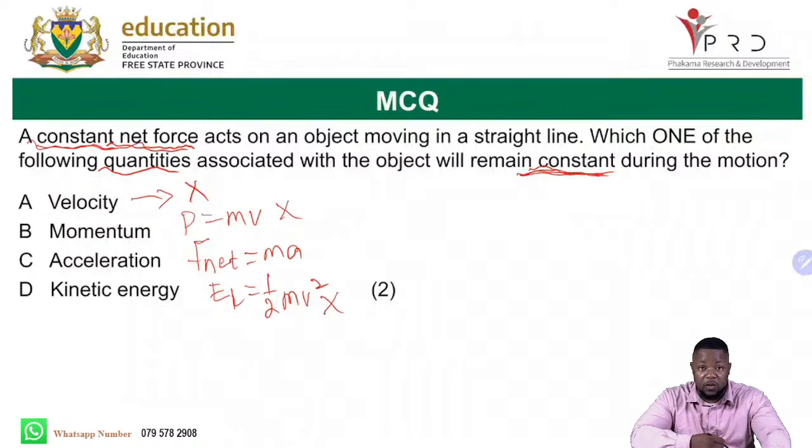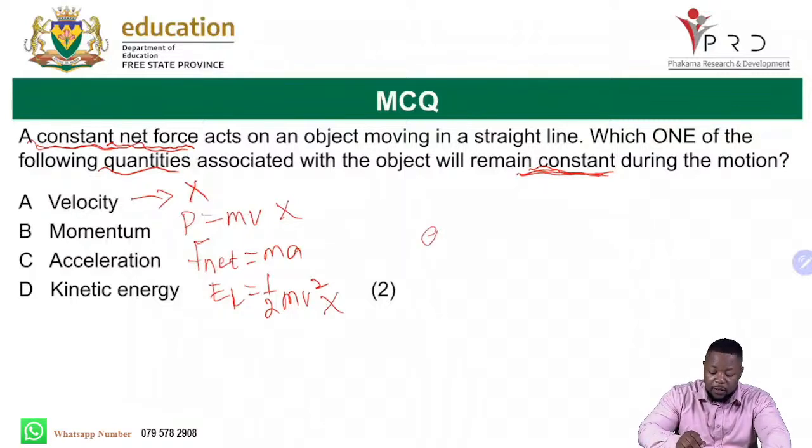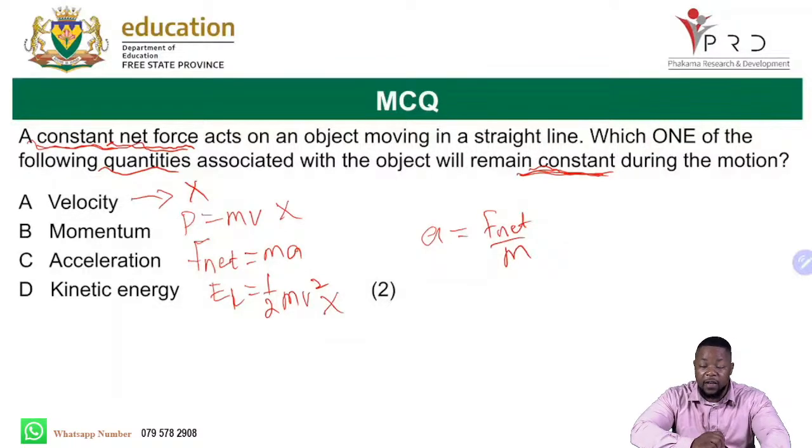And according to Newton's second law of motion, when a net force acts on an object, the object should accelerate in the direction of the net force, with an acceleration that is directly proportional to the net force and inversely proportional to the mass of the object. So what are we getting? We are getting that acceleration is directly proportional to the net force.